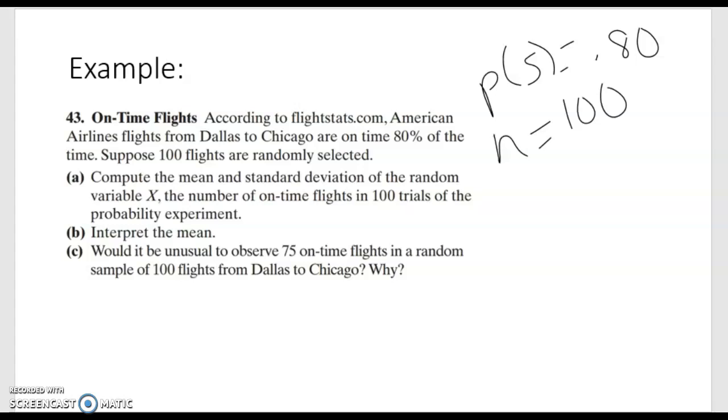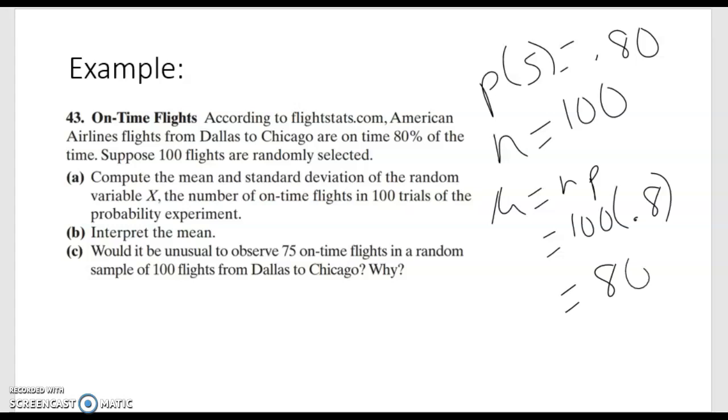So if we want to find the mean, it is N times P. So in this case, it's 100 times 0.8, which is going to be 80.